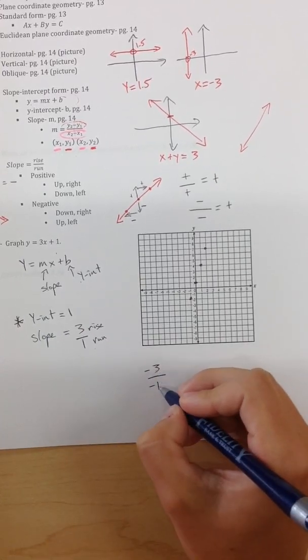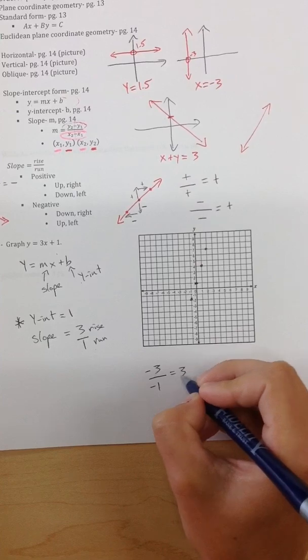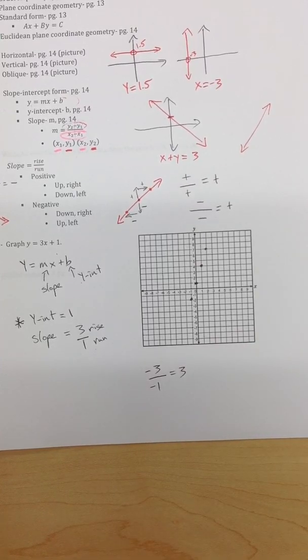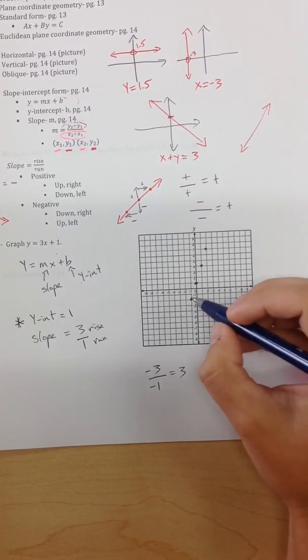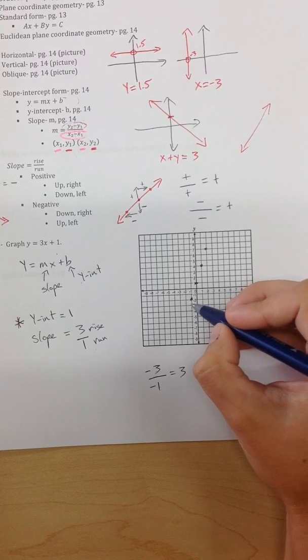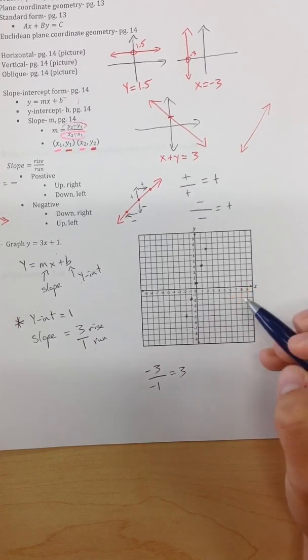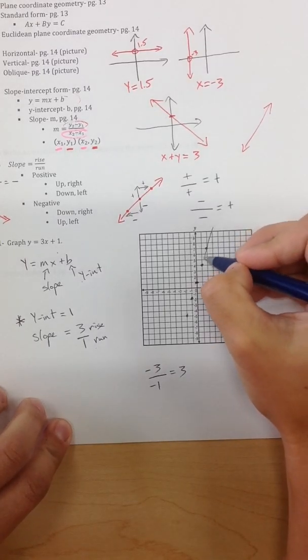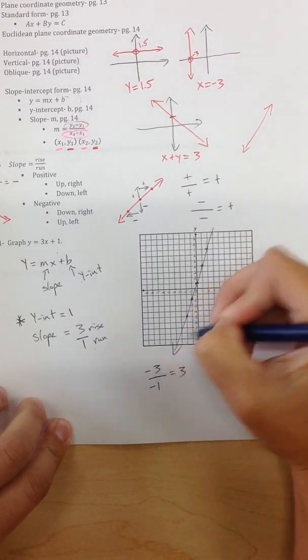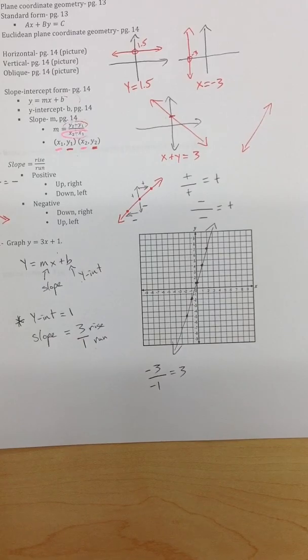If you do negative 3 divided by negative 1, you still have a positive 3, so your slope is still positive 3 there. And you could do that again if you wanted to, down 3, 1, 2, 3, left 1, and then all of those points should connect into a straight line. And if it's not a straight line, then something's wrong.